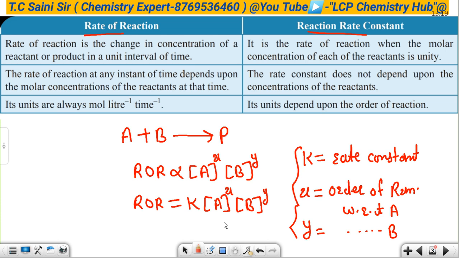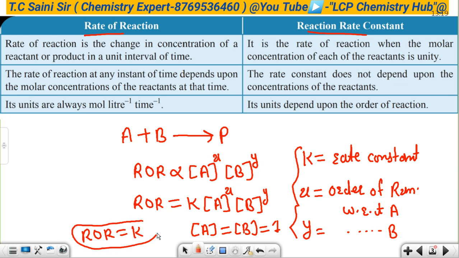When we consider the concentration of reactants to be unity, that means concentration of A and concentration of B are equal to 1, then rate of reaction is equal to rate constant, that means K, which is known as specific rate of reaction, otherwise rate constant.